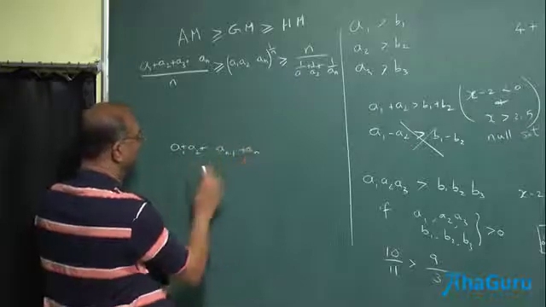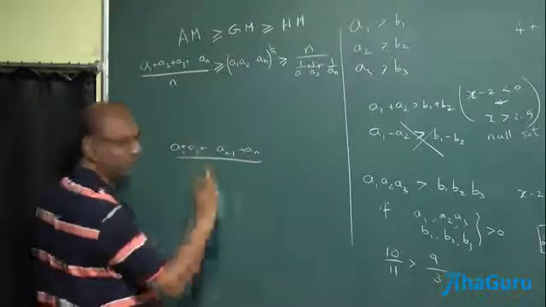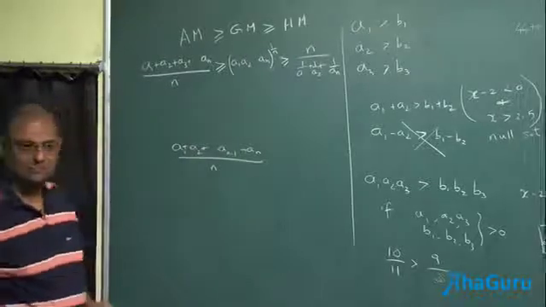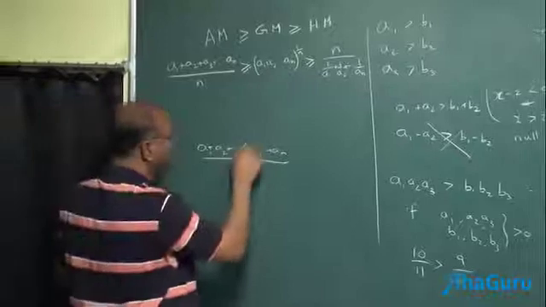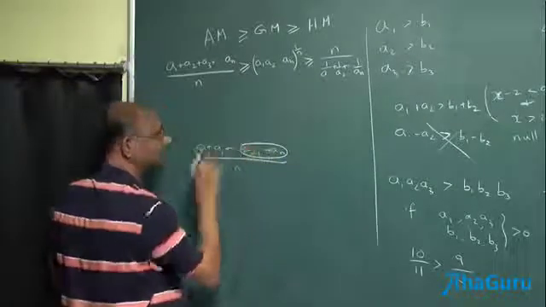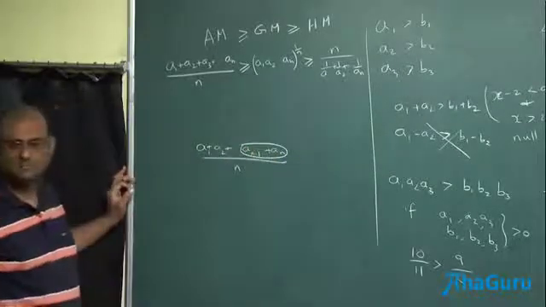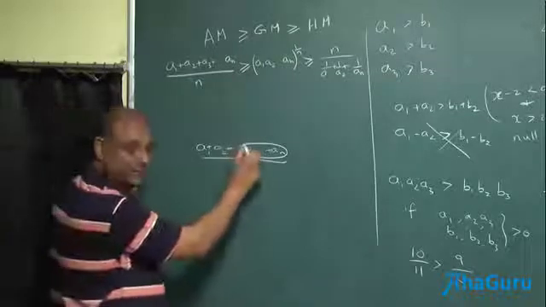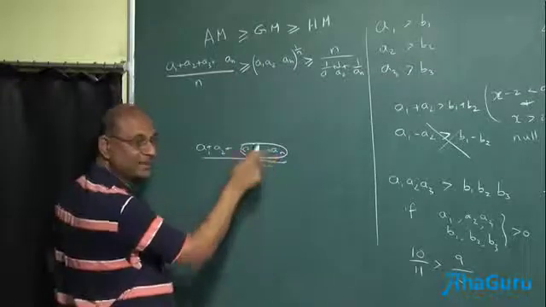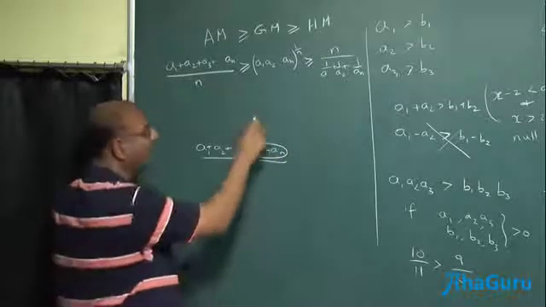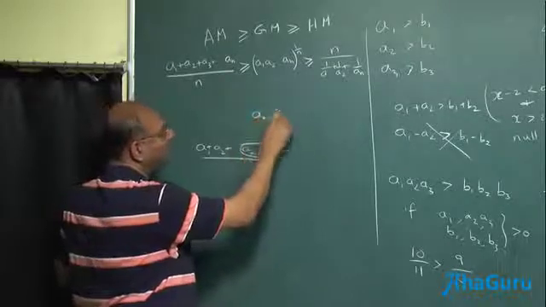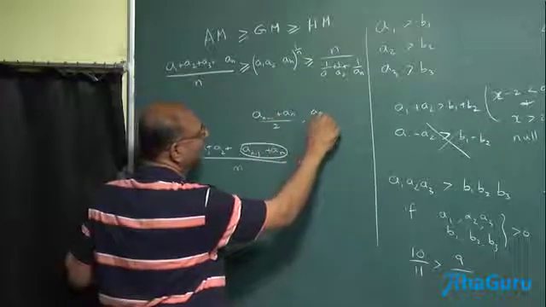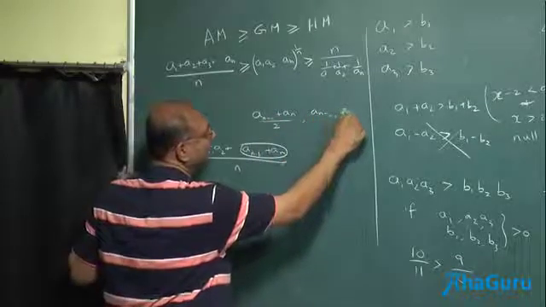Actually, you don't even need to assume it was valid up to some point. Suppose you took all this, and I bundle these two fellows, I make these two equal. That is, I am replacing an minus 1 and an by (an minus 1 plus an) by 2 and (an minus 1 plus an) by 2.